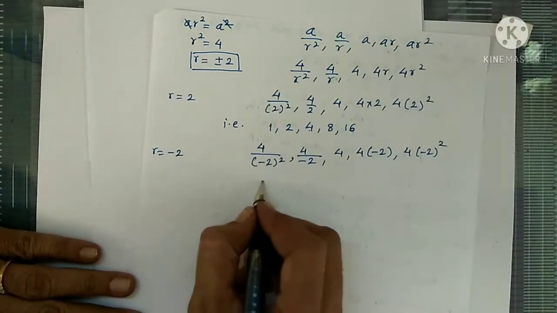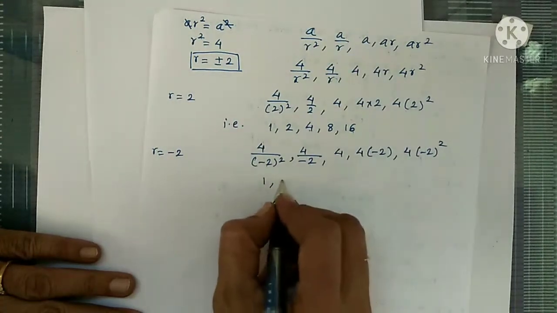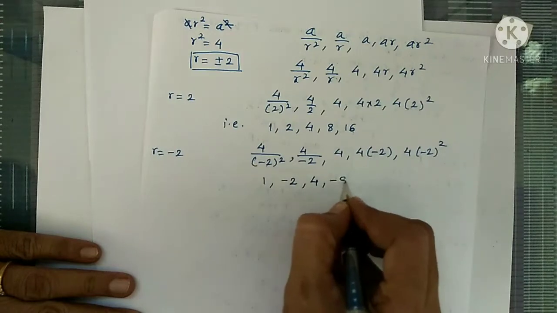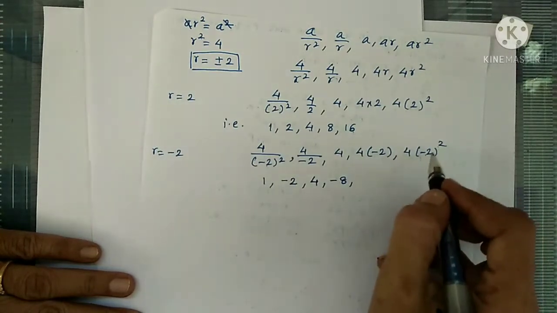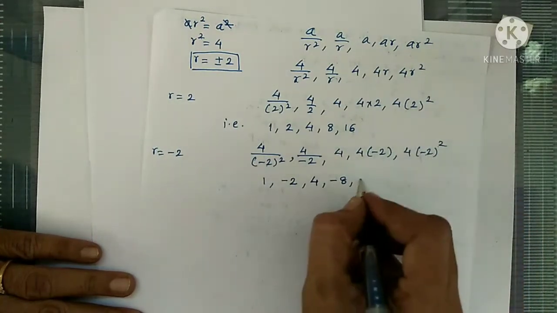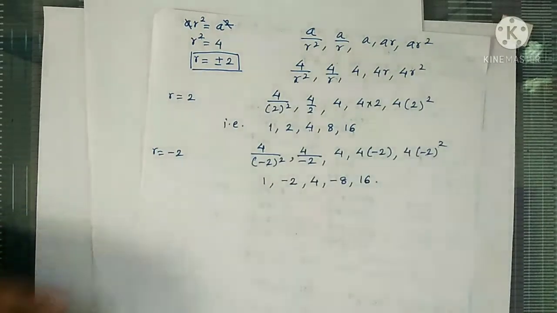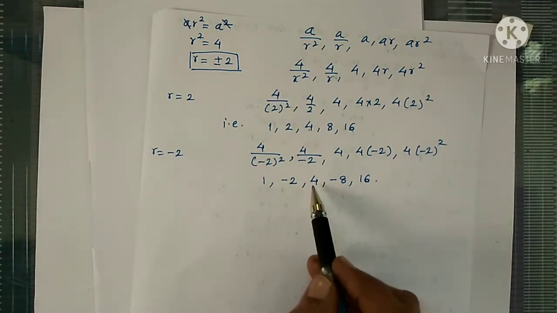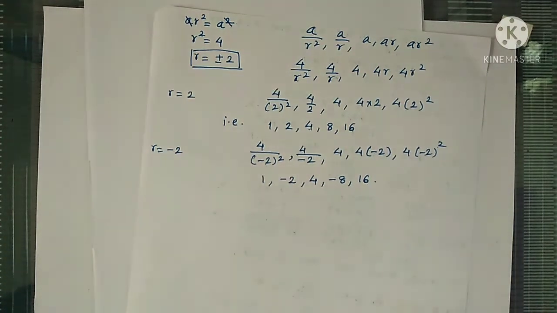So 4 by 4 is 1. 4 by minus 2, now it has a minus sign, minus 2. Then 4, then minus 8. Minus 2 square is 4 and 4 into 4 is 16. So in this case, those 5 numbers are 1, minus 2, 4, minus 8, 16. So here also you can verify the product is 1024 and the square of the third term is the fifth term.